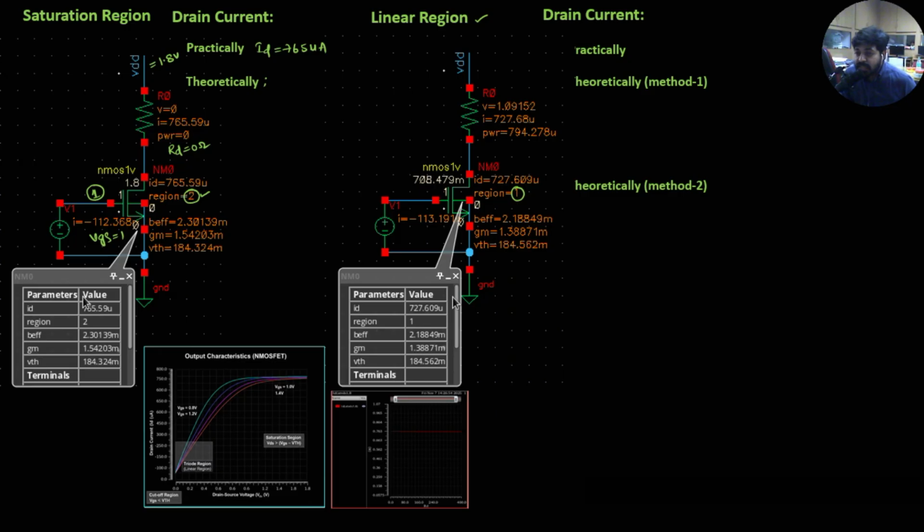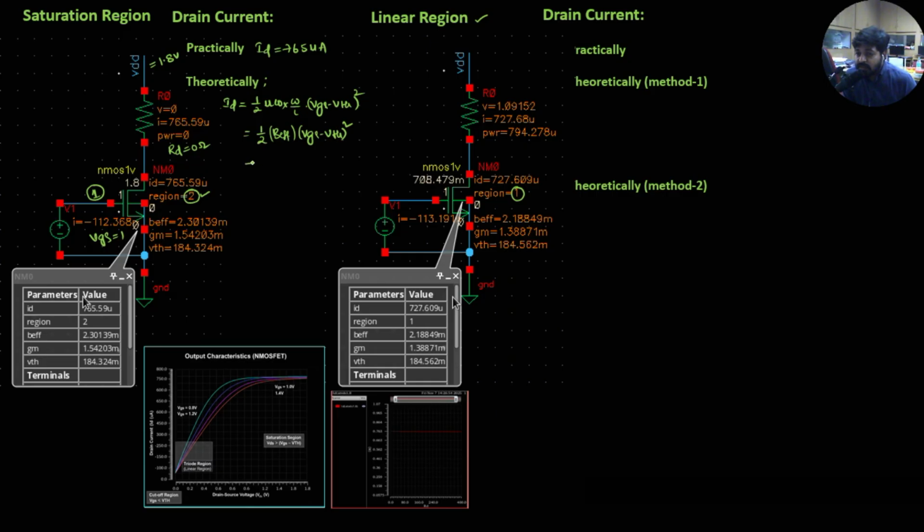Now let us calculate that theoretically. When the transistor is operated in the saturation region, I know the current equation: ID equal to half mu Cox W by L times of (VGS minus VTH) whole square. I don't have all these parameters, but the tool gives the combination of all these parameters as beta effective. So let me substitute the beta effective over here, and (VGS minus VTH) whole square.